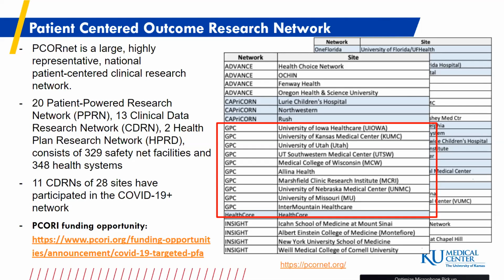In response to COVID-19, PCORnet has ensembled 11 CDRNs of 28 sites to put together this COVID-19 Plus data repository. Here are all of these sites from GPC participating in it, I think.